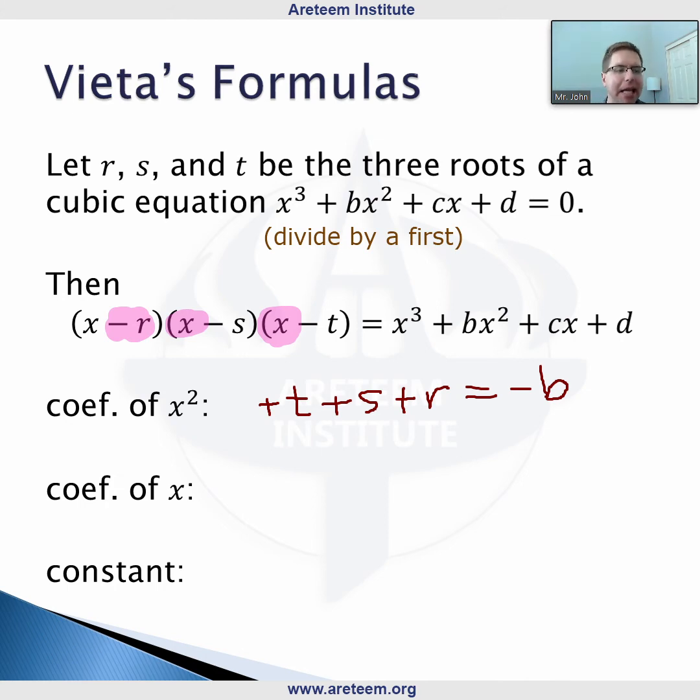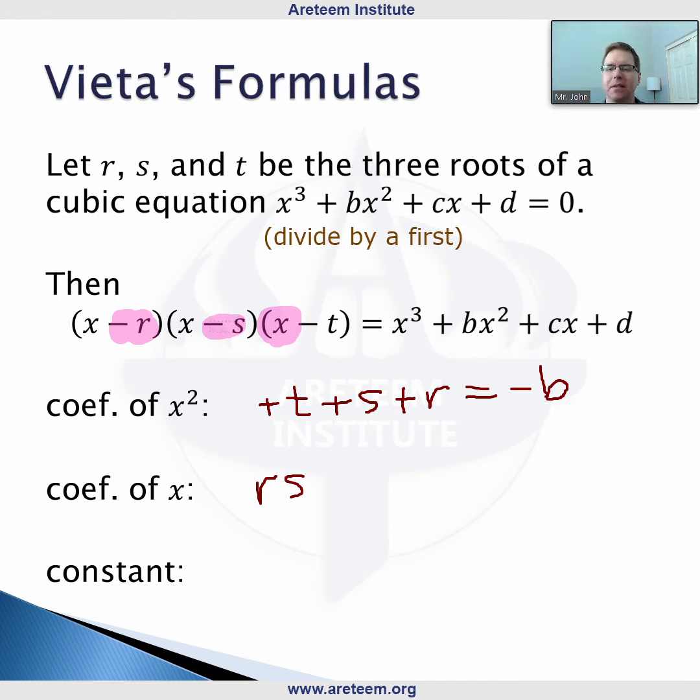And this is the game we can play for all of the terms, right? We can do some of these a little bit quicker in this case. Well, what if we just want a linear x, right? Well, we could have negative r negative s times x. So that gives us a positive rs in that case, right?